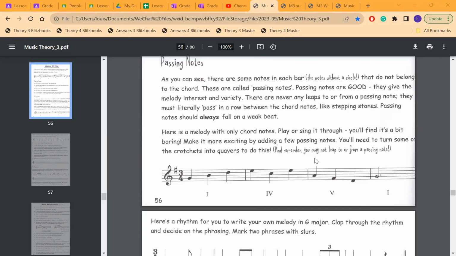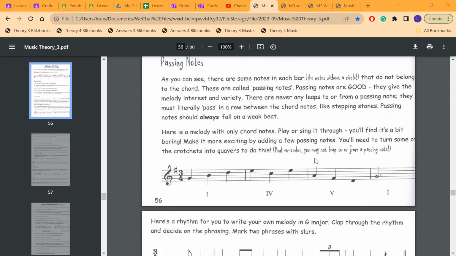So the passing notes don't belong to the chord. They're just used to make the melody flow smoothly. Remember, in melody writing, make the melody go by a diatonic step. The passing notes are only there to make it move by steps.